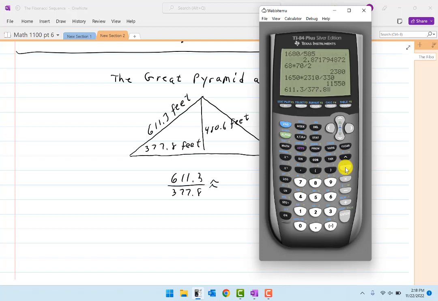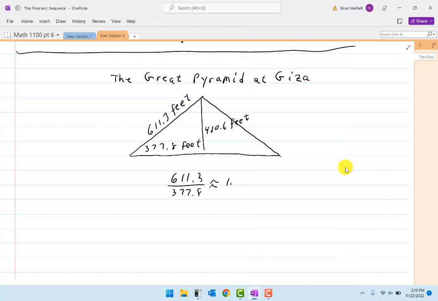Do you see the first three digits there? 1.618. I believe more than one pyramid actually has this property as well. It tells us that the Egyptians were well aware of this number, and they even tried to incorporate it into more of their construction.